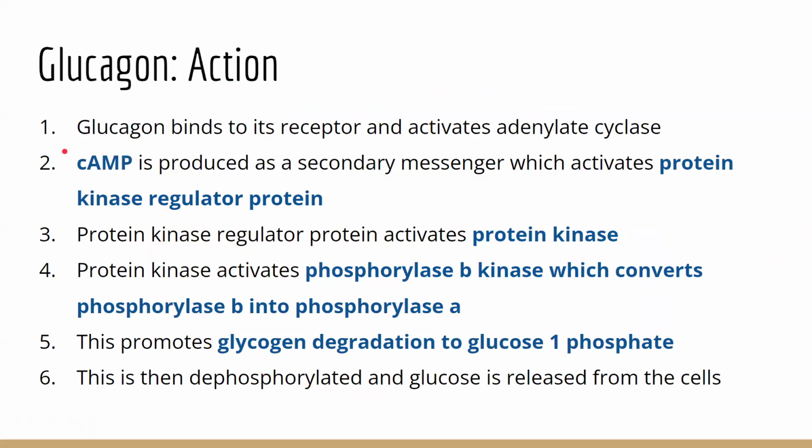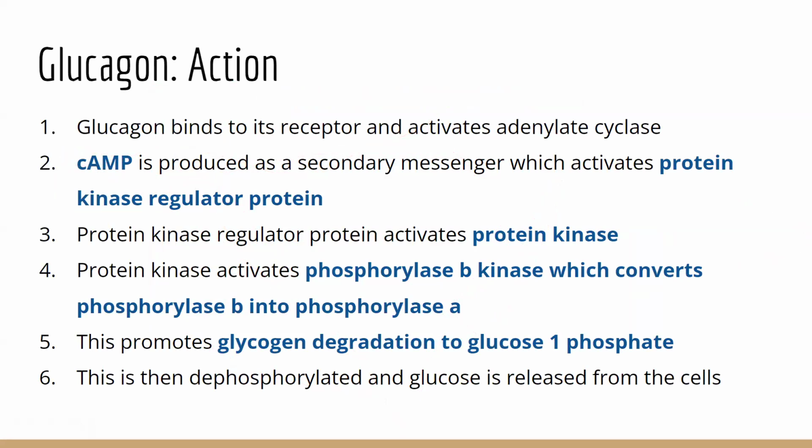How does glucagon act? I know there's a lot of enzymes, but it should make sense. I'll try my best. Glucagon binds to its receptor, a Gs receptor. Again, cell signaling is a good lecture to study with this one. Gs, if you remember, is G stimulatory.